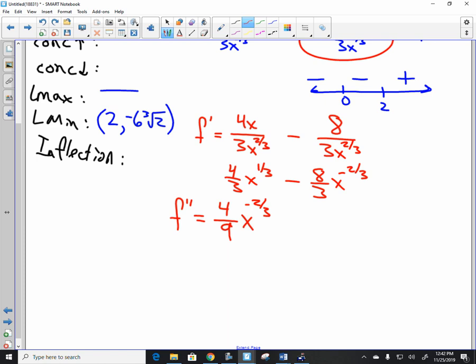Dump the negative 2/3 in front, and we get plus 16 over 9 x to the negative 5/3.